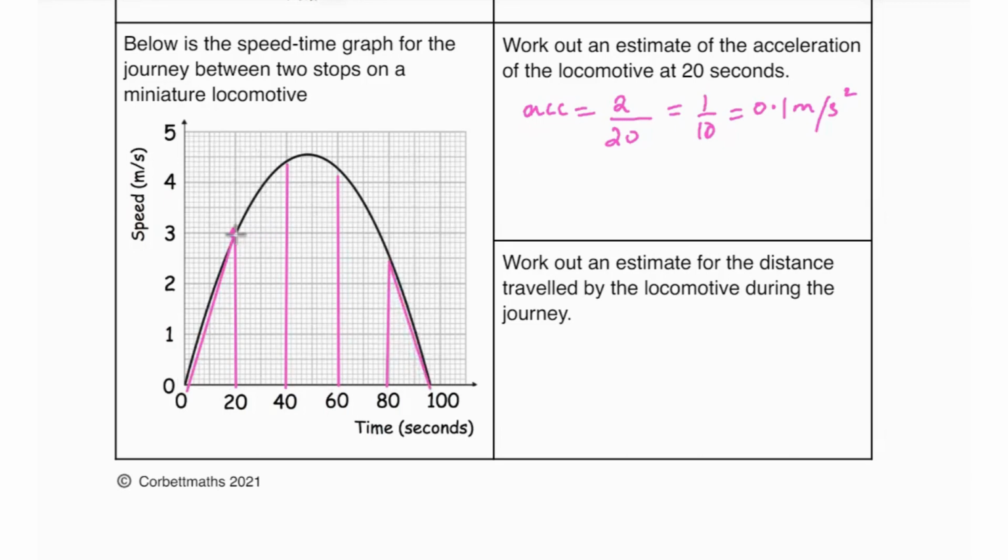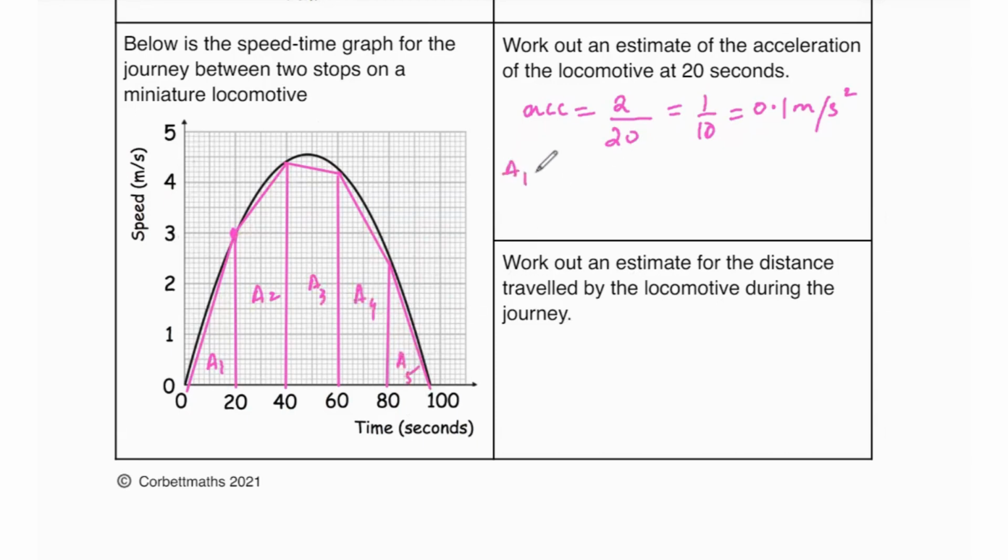For the other portions, we have 3 trapeziums. So we can find the area of 2 triangles and 3 trapeziums, and when we add that up, that gives us an estimate for the distance traveled by the locomotive during the journey. Once again, area under a speed time graph gives us the distance, and slope gives us acceleration. So I'm going to call these A1, A2, A3, A4, and A5.